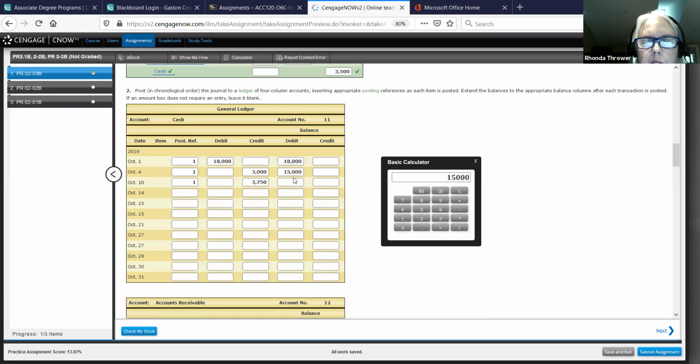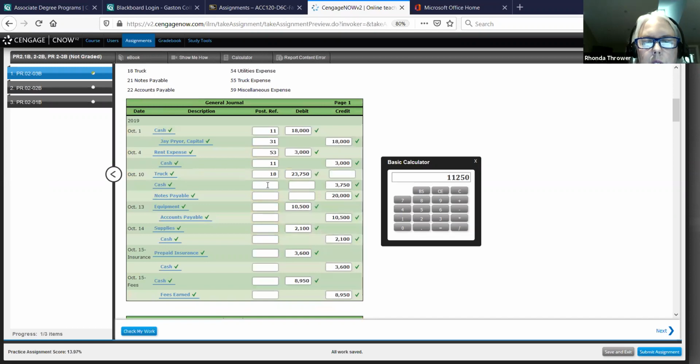That's the previous balance right there. I'm going to subtract $3,750 from it, and what I have left over is $11,250. Pick up your 1-1. I'm going to put it right here.